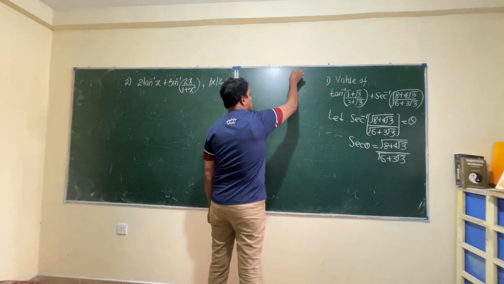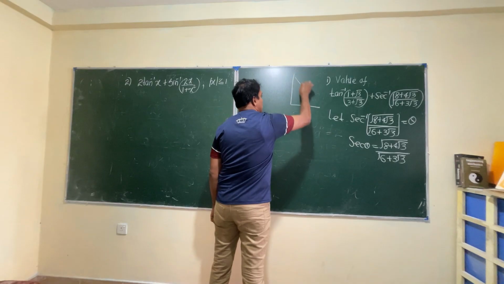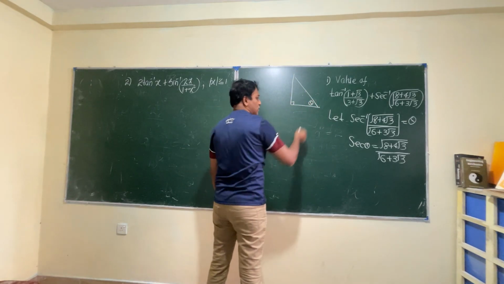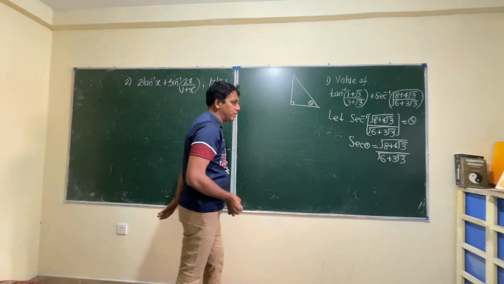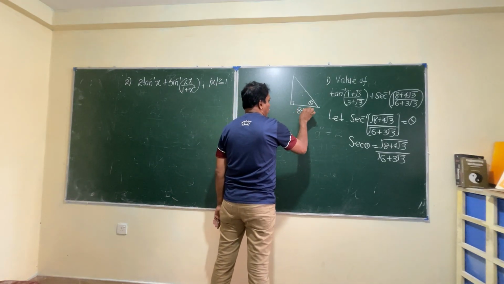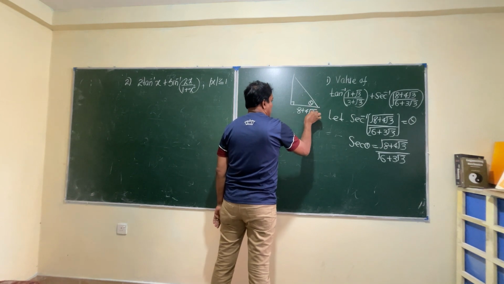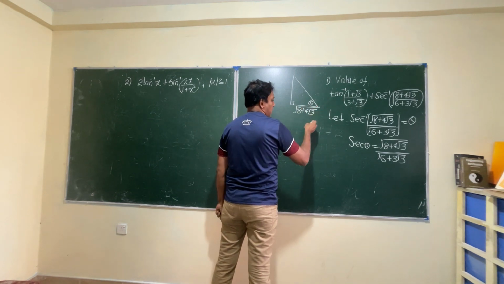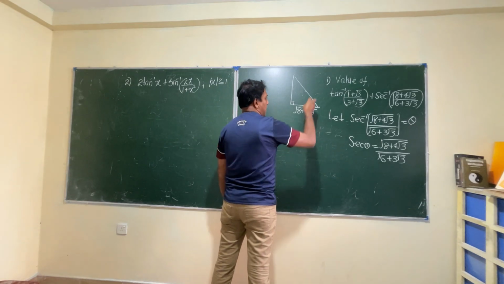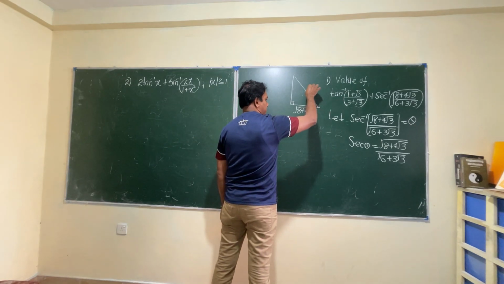For the best solution, draw a diagram, a right angle triangle. So this is theta. What is cos theta? Adjacent divided by the hypotenuse. Therefore, this is 8 plus 4 root 3, but it's a square root. Okay, so this becomes 6 plus 3 root 3.